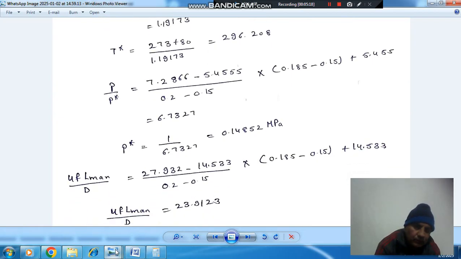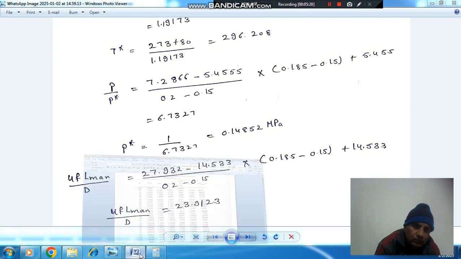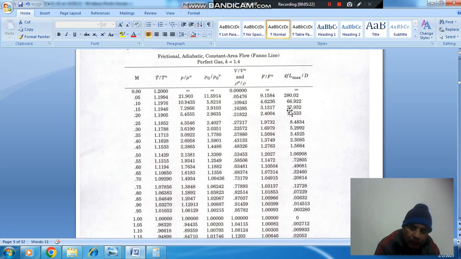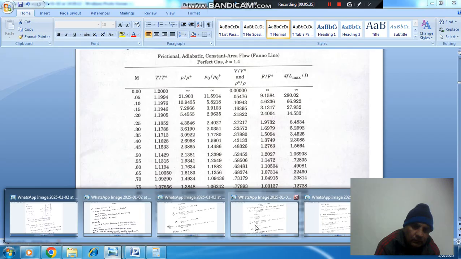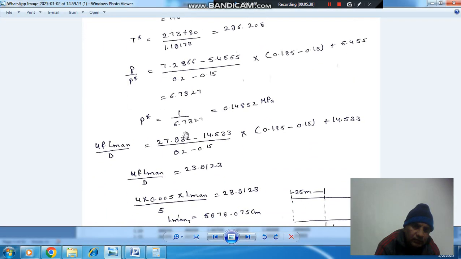So now from this row, 4fL max by D, it is 27.932 corresponding to 0.15 and 14.533 corresponding to 0.2. So this is 27.932 minus 14.533 divided by 0.2 minus 0.15, multiplied by 0.185 minus 0.15, plus 14.533.